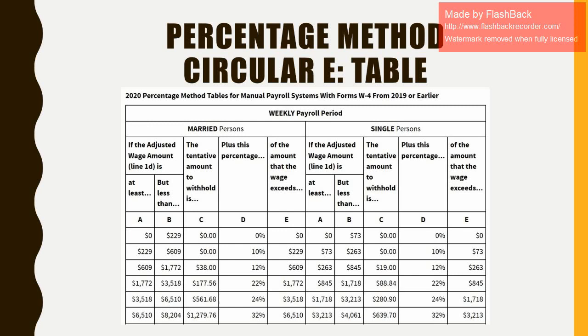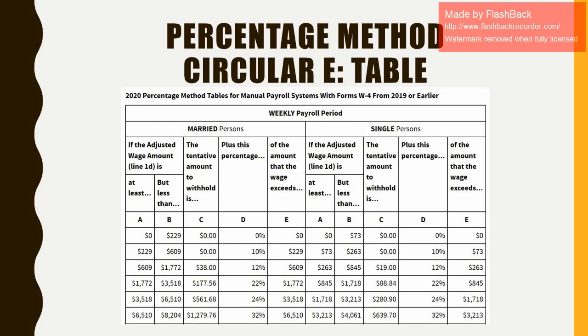And what I mean by this is, now that we know that she belongs in this bracket, the first thing we need to do is recognize that the government lets you keep $263. For anything that you made over the $263, you're going to multiply it by the percentage that you belong in.